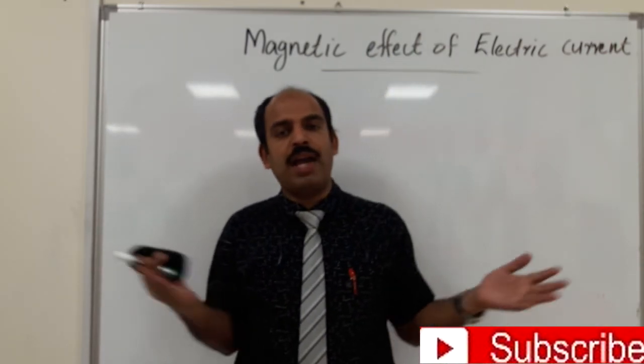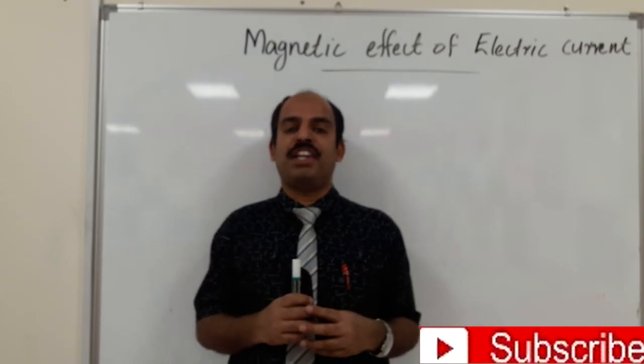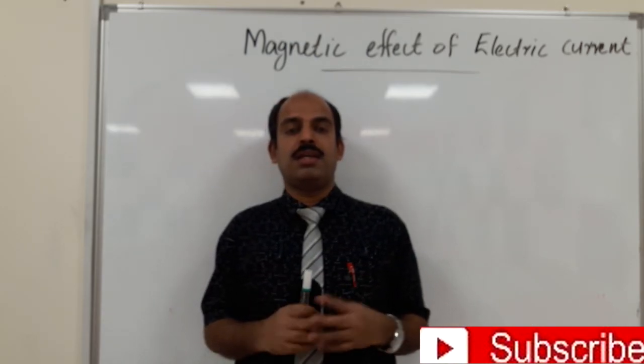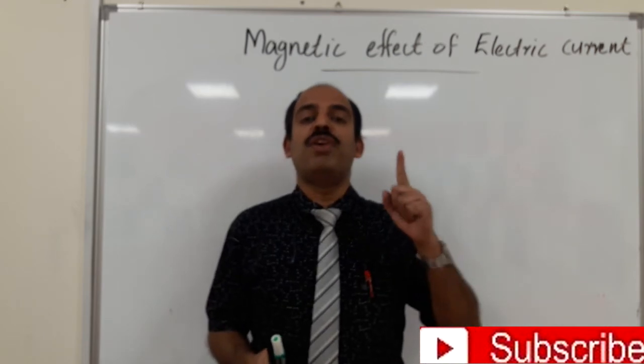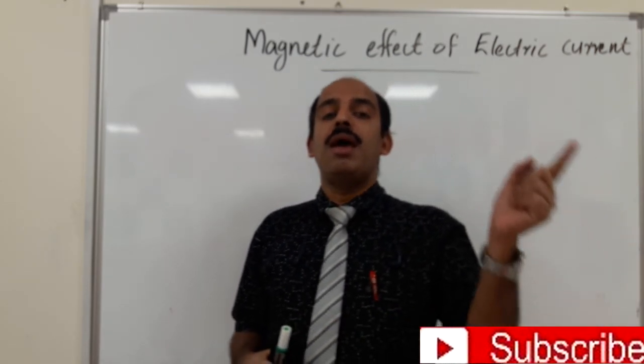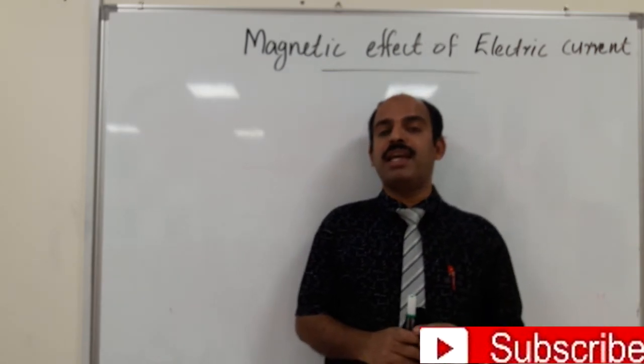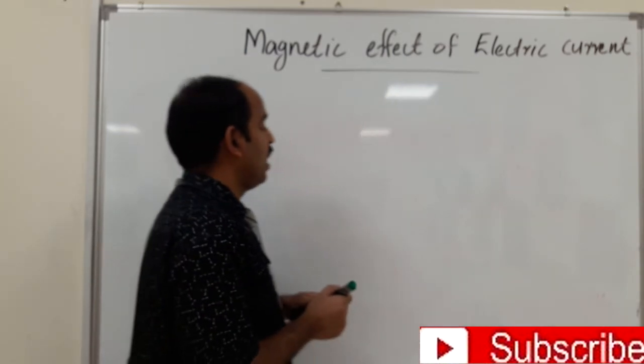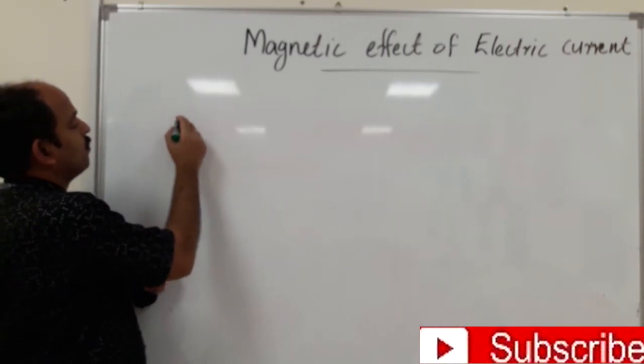Now how can we find out the direction of this magnetic field? Is there any rule? Yes, we have one rule to find out the direction of the magnetic field around a current carrying conductor. That is the right hand thumb rule.